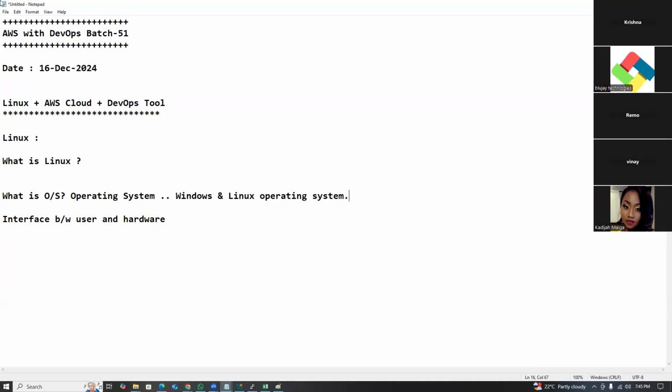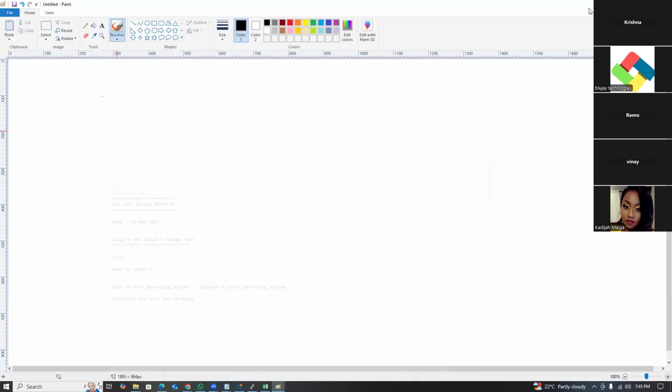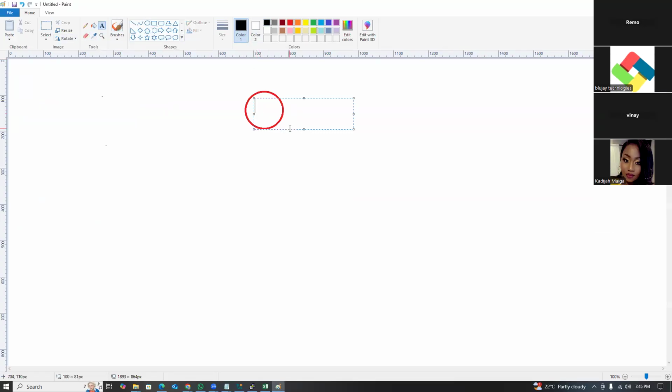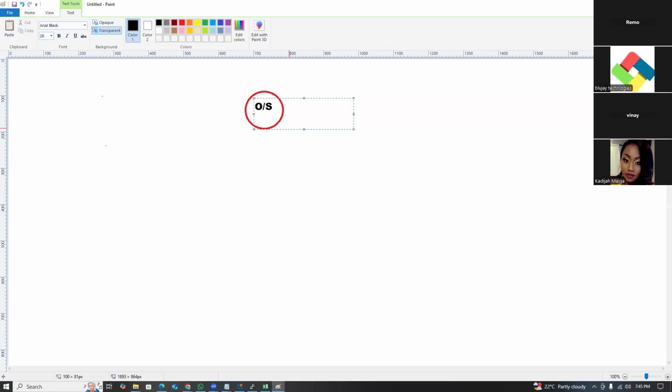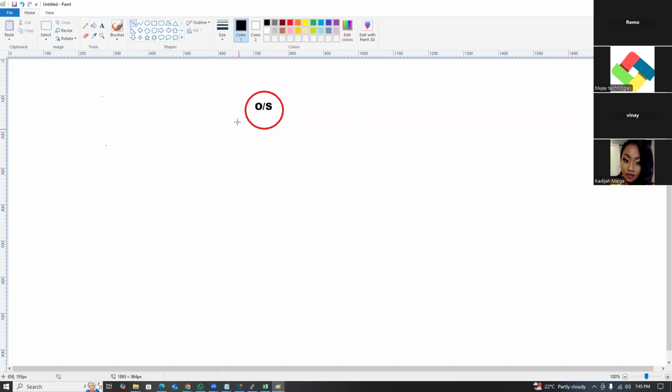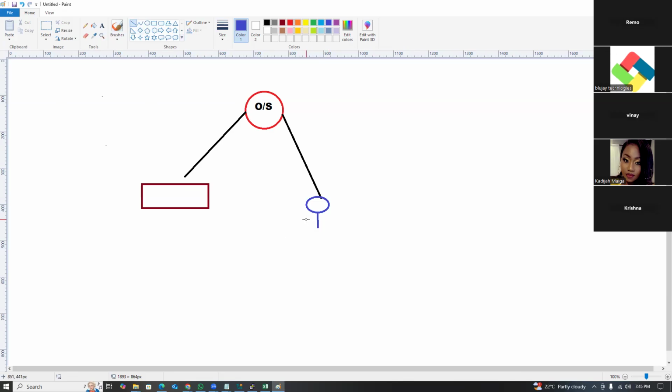The interface between user and hardware. It's the bridge between the user and the hardware. Very good. So it's a mediator or interface between user and computer.